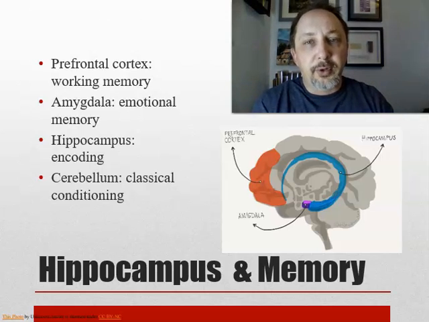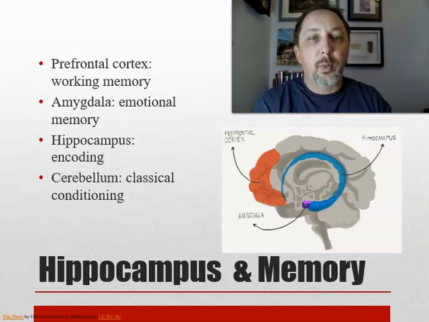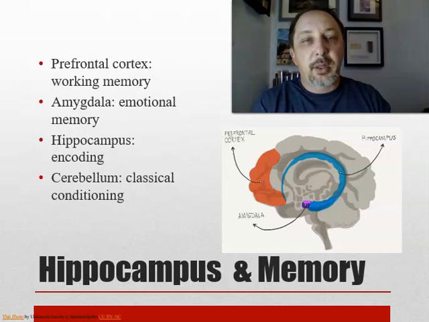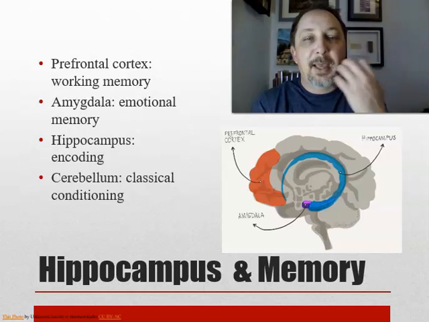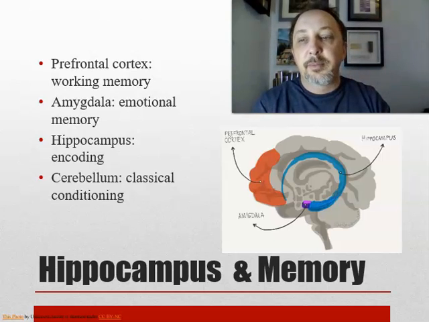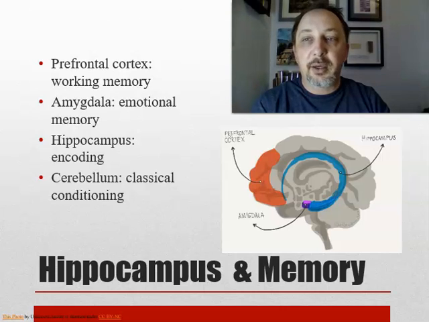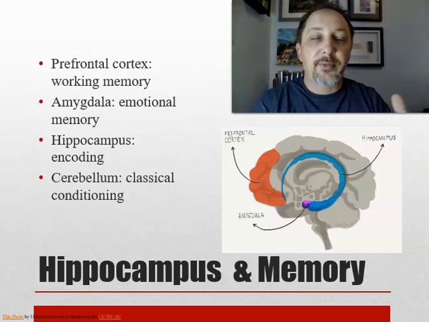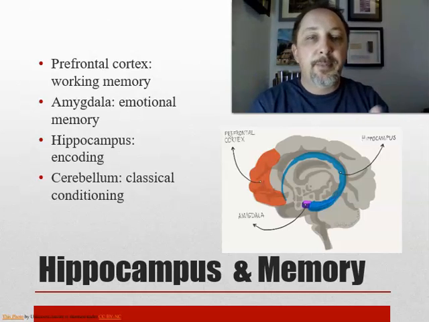The amygdala is our emotional conditioning, the prefrontal cortex, working memory, cerebellum, classical conditioning, hippocampus, encoding. And when we consider where our procedural memory is, that would be our basal ganglia. Our basal ganglia is another set of structures that is deep, also around the thalamus. So some of these are also involved.